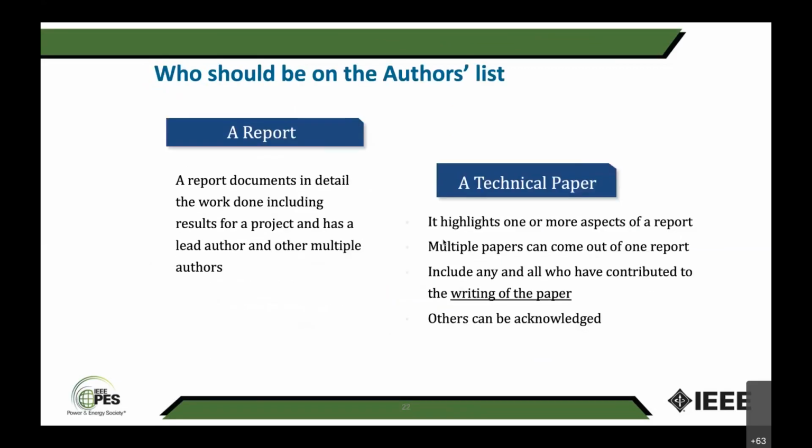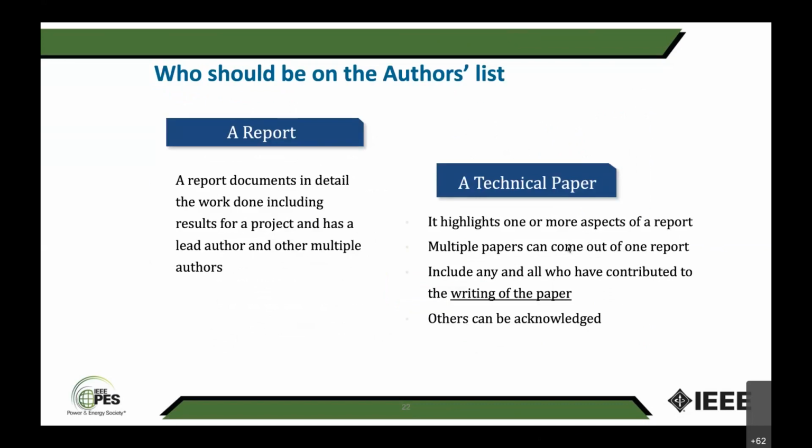Okay. So then the question is, who should be on the author's list? Paper is written by a group of people in most cases because they have done some research. They have a report from the research that was done. A project may have many people, right? Many engineers working on a project.